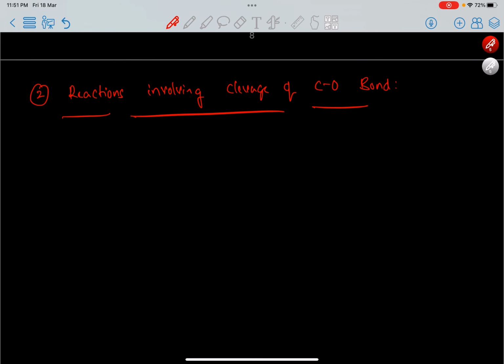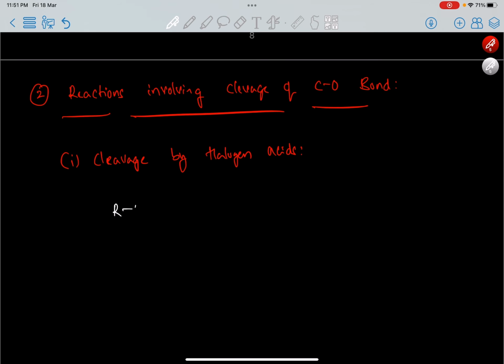Okay, reactions involving cleavage of the C-O bond. So what is that? The first one is cleavage by halogen acids.